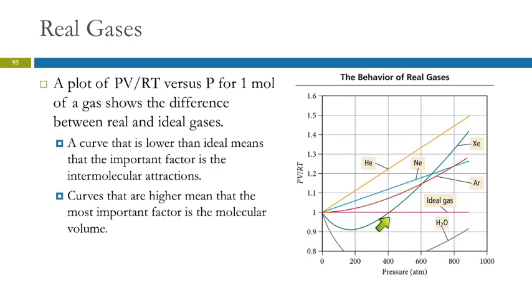Ones that dip below, this is telling us that the intermolecular attractions are the biggest factor. And so we see for xenon that at lower pressures, the intermolecular attractions are significant, but at higher pressures, it's the volume of the atom that becomes significant.